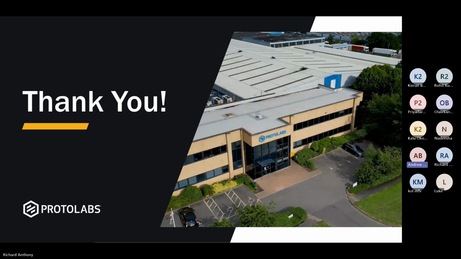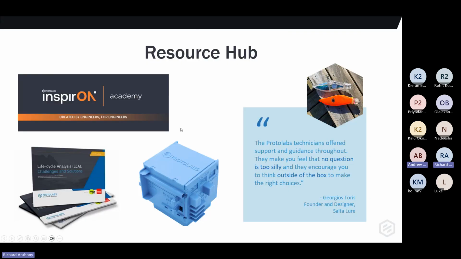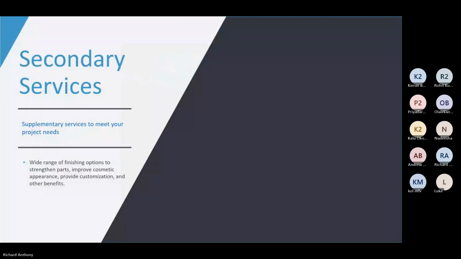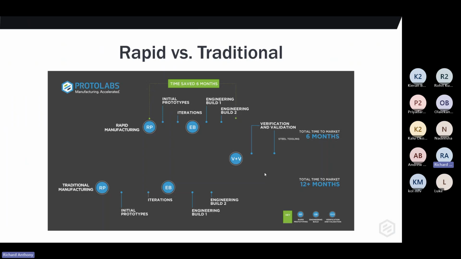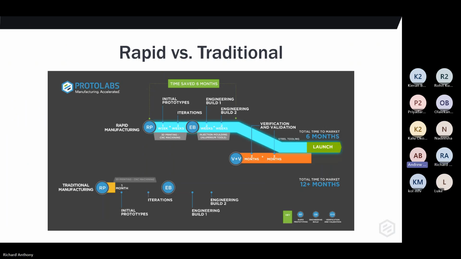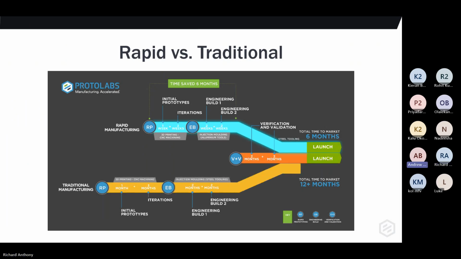The animation of the traditional and rapid manufacturing process. Can you go back to that, please? Yeah, this one here. So, just a little question on the first stage of the process.